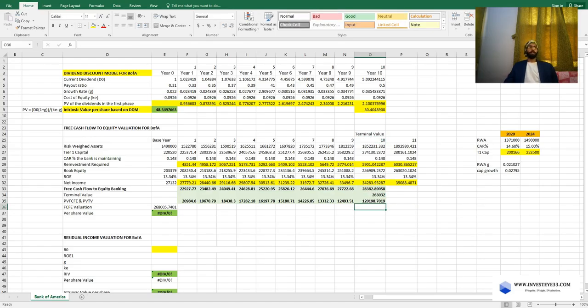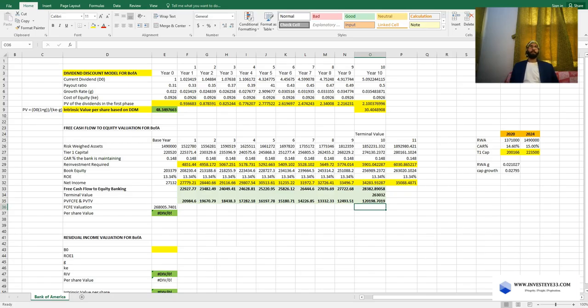So we have the free cash flow valuation at 268,005 million. That is $268 billion is the valuation for Bank of America.